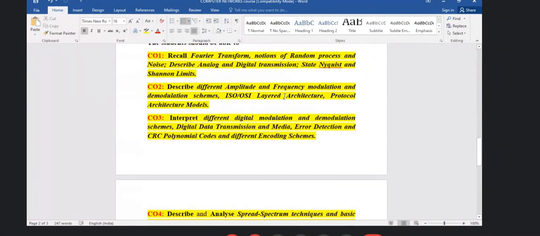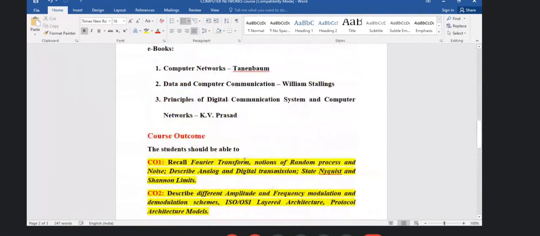So these are the course contents, these are the course outcomes, and I have given you the names of the ebooks. First one is Computer Networks by Tannenbaum, second is Data and Computer Communication by William Stallings, and third is Principles of Digital Communication System and Computer Networks by K.V. Prasad.